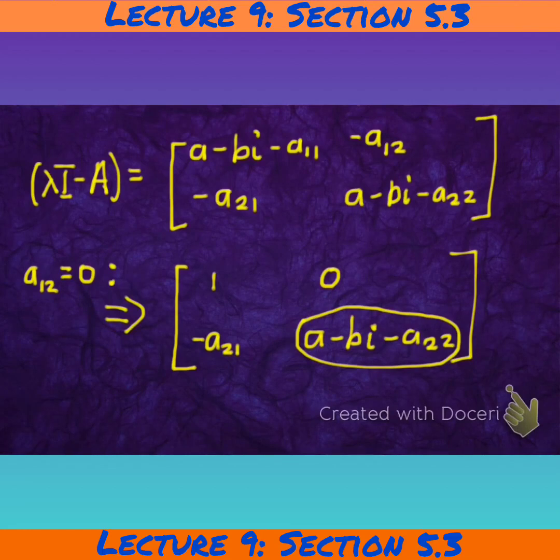That entry has to be 0 if lambda is an eigenvalue. If it's not 0, then the determinant of this matrix cannot be 0, and that's going to contradict the fact that lambda is an eigenvalue.